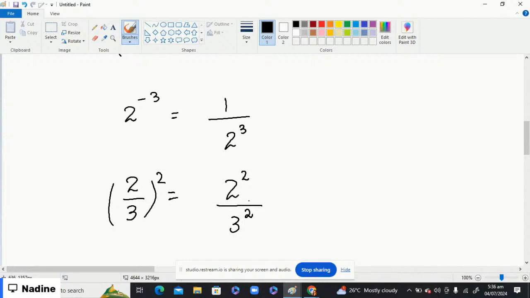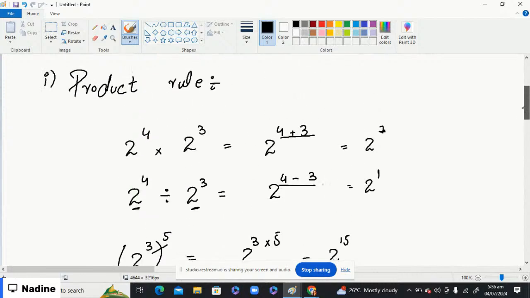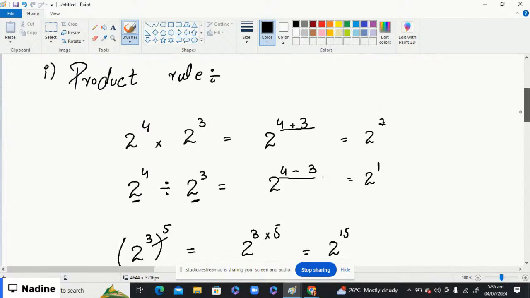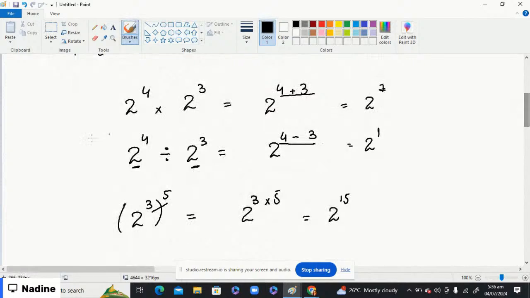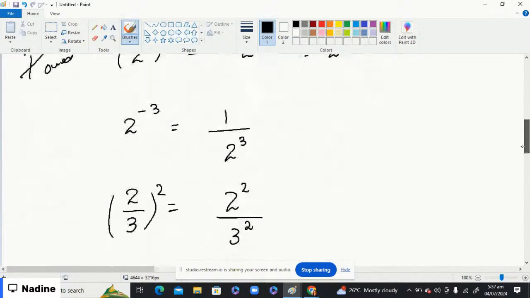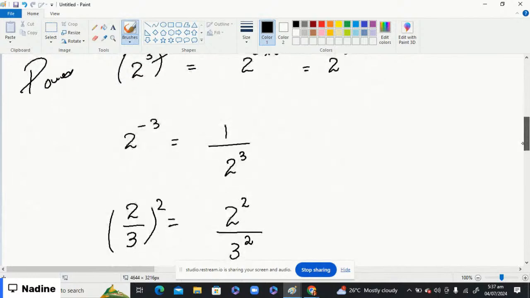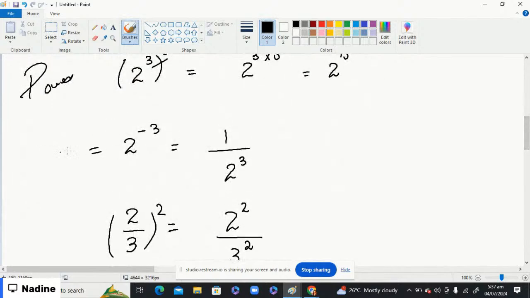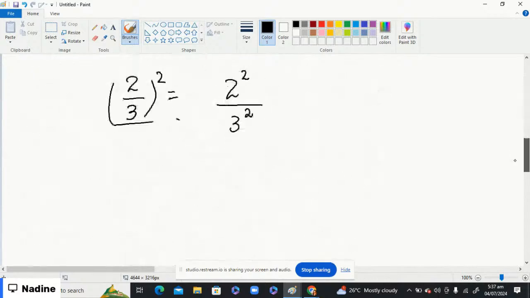These are all the rules: the product rule, the quotient rule, the power rule, the negative exponent rule, and the power of a quotient rule. These are all exponent rules.